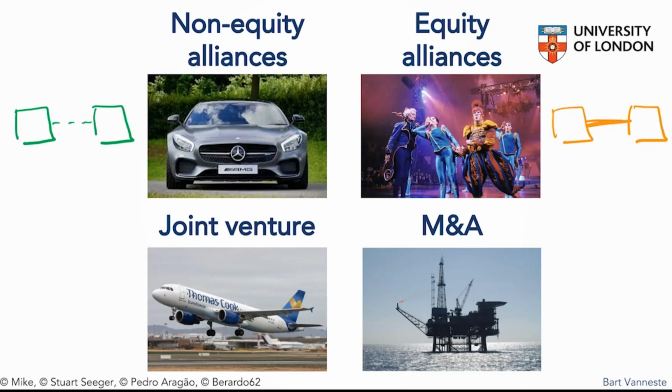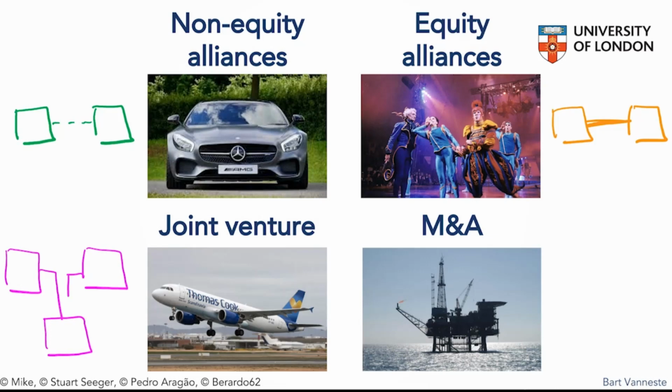The third example is Thomas Cook, which is a company active in the tourism industry. Fosun and Thomas Cook formed a joint venture. This is actually an instance of an equity alliance, but it has a specific structure. Now, the first thing to note is that a joint venture really means it's a new venture. So Thomas Cook and Fosun started a new company, and it's joint in the sense that both companies are owners of that new company.